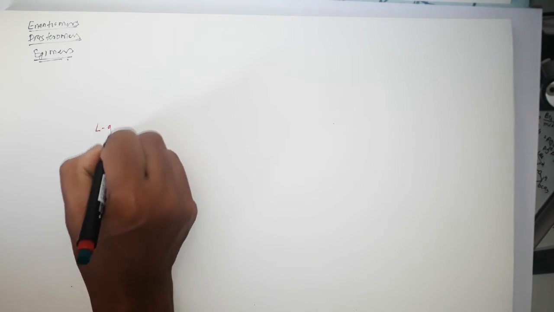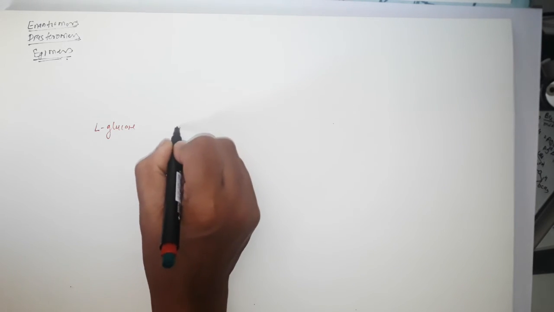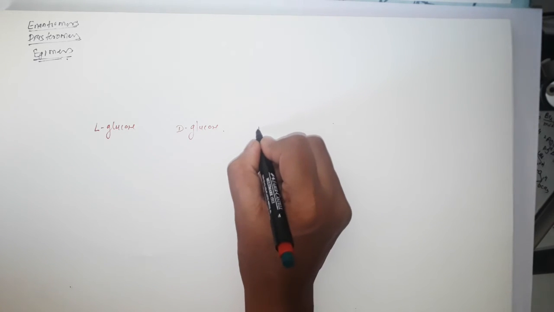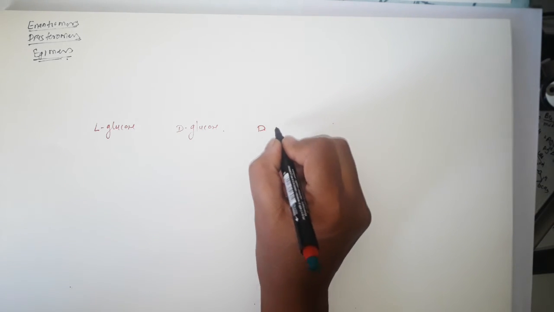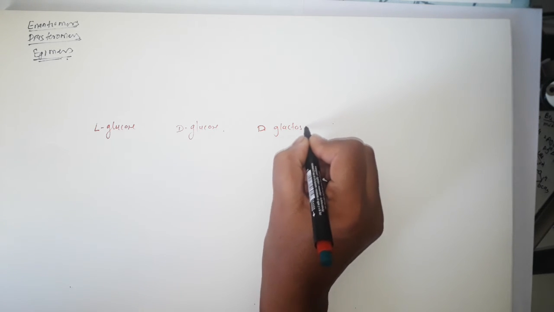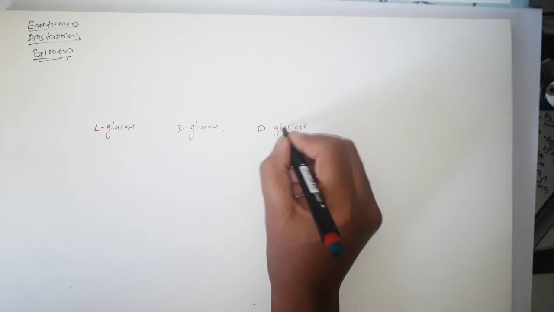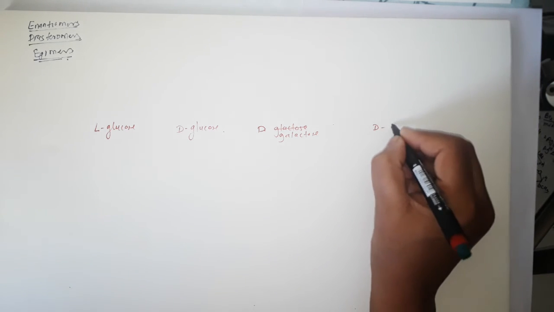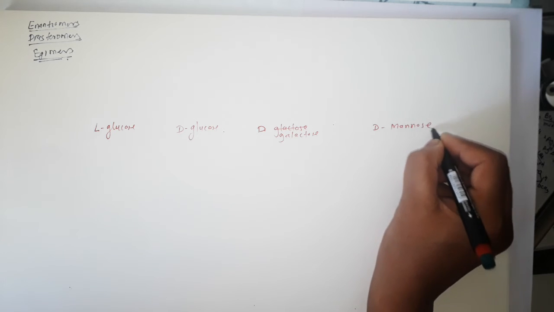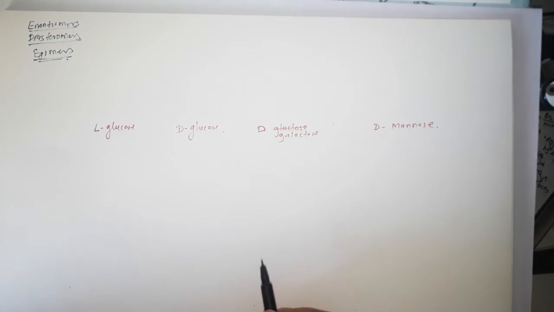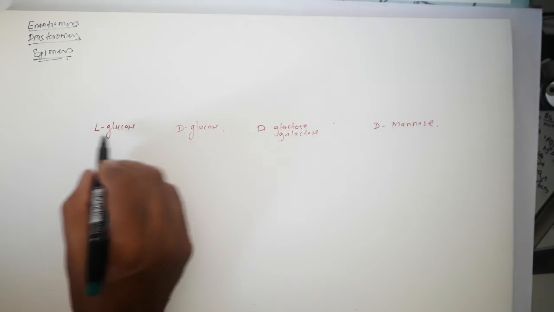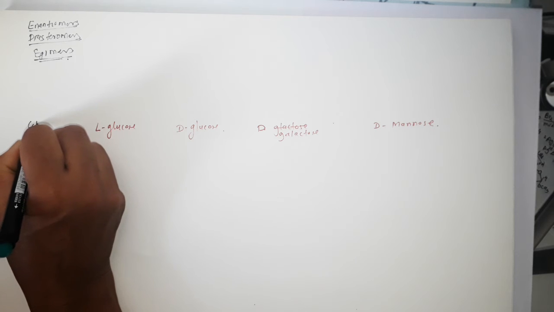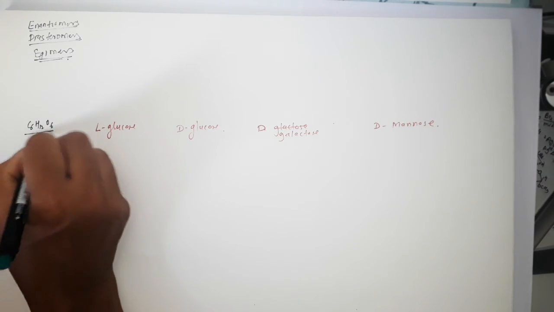To understand all these 3 terms, we will take one example: L-glucose, D-glucose, then D-galactose, then D-mannose. Now we will see how to draw these glucoses. What is the formula of these? All are hexoses, C6H12O6.